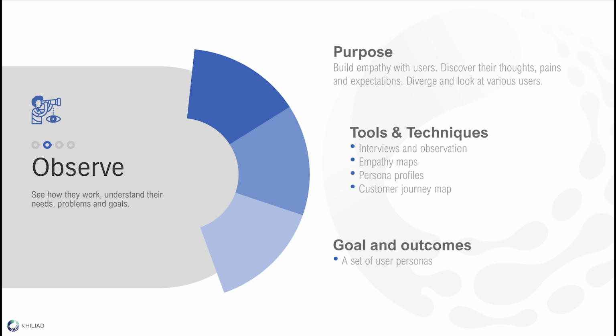So this is where we start creating empathy maps. Empathy maps are a tool that allows us to put ourselves in the shoes or in the mind of a user. We think about what they think, what they see, what influences them, what they say, what their problems are, what their needs are, and so on.